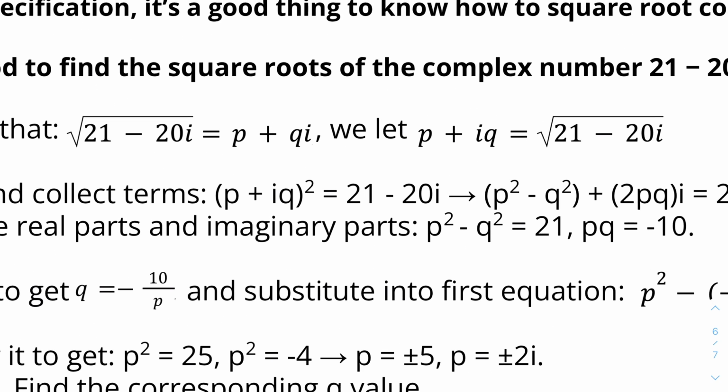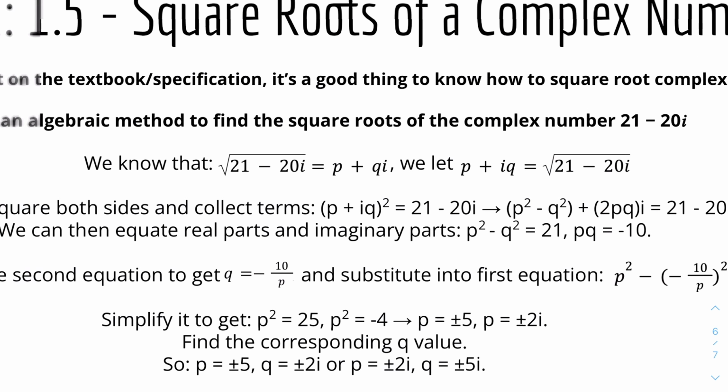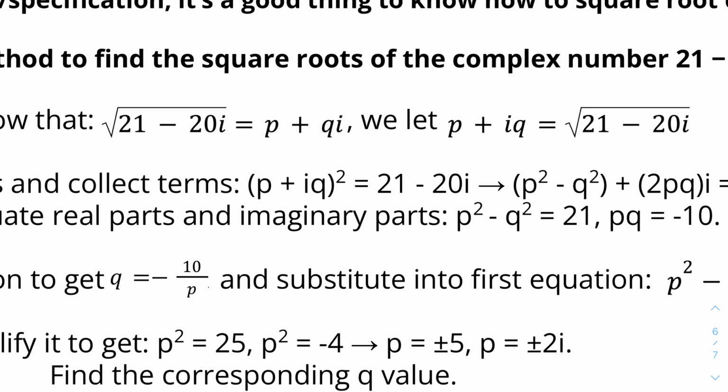Let's just set it as p plus qi, or you can do a plus bi or x plus yi, it doesn't matter. So we let p plus iq equal the root of 21 minus 20i. And therefore we can square both sides to get (p plus iq) squared equals 21 minus 20i.